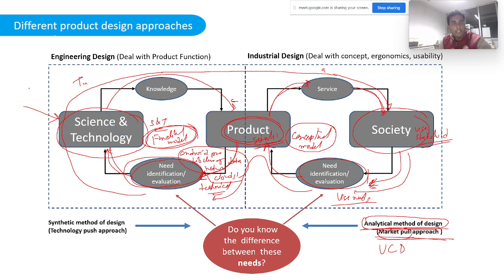The other way of designing a product is when something new comes in as a science and technology development. For example, nowadays you have heard a lot about AI, AI chatbots. Now there is a new chatbot called ChatGPT. So these are technology driven. Again you have IoT, cloud computation, big data, blockchain.